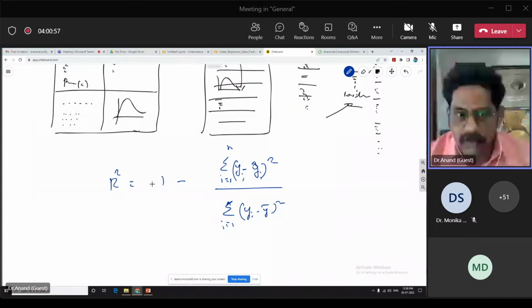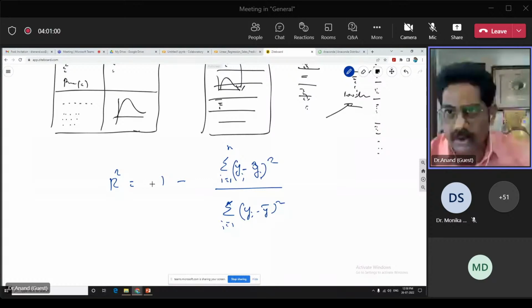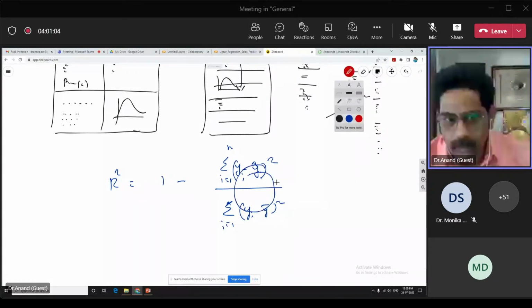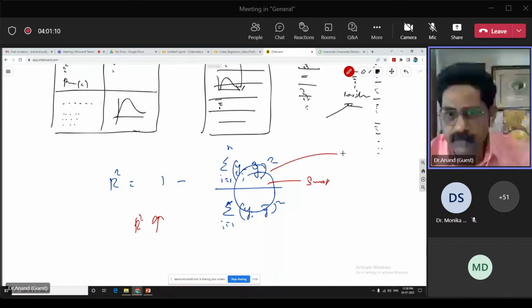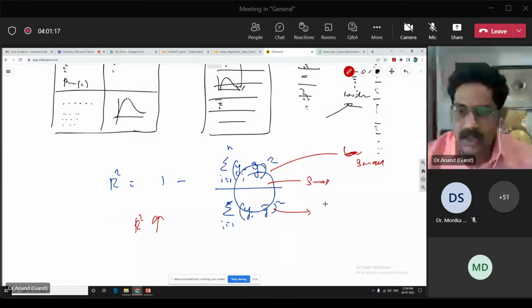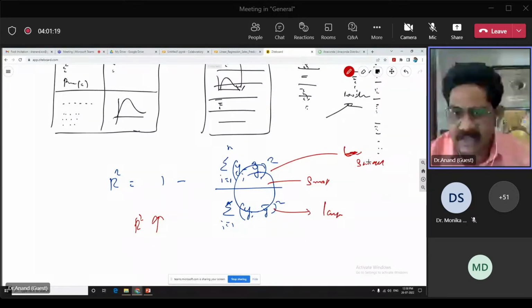For a high R square, I need the whole fraction to be smaller, isn't it? If the whole fraction is small, 1 minus a small number, I'll get a large R square. On what condition will I get the whole fraction small? My numerator should be small and the denominator should be large. What is the logical meaning of the numerator being small? The numerator is y minus y cap whole square.